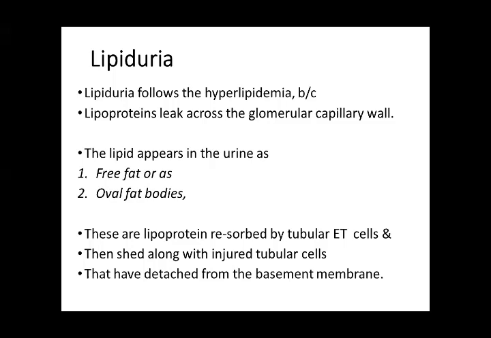We initially said that we have lost a lot of protein in the urine, and losing protein in the urine means we have to compensate for what we have lost, to try to keep the body normal. So once the body tried to compensate for the lost protein, it started making more lipid, and it caused hyperlipidemia.